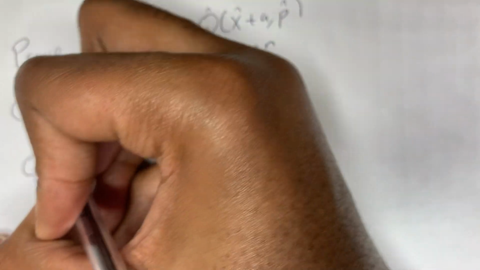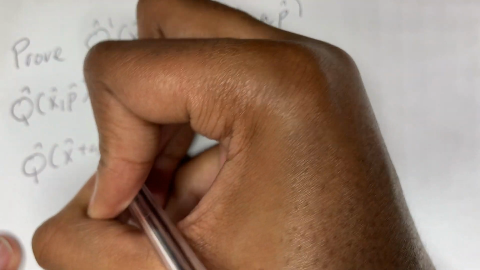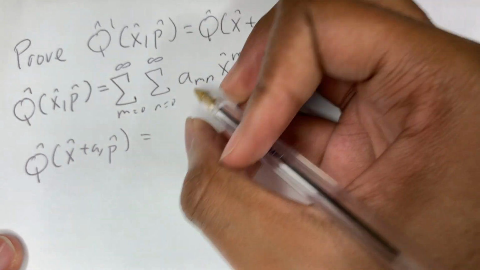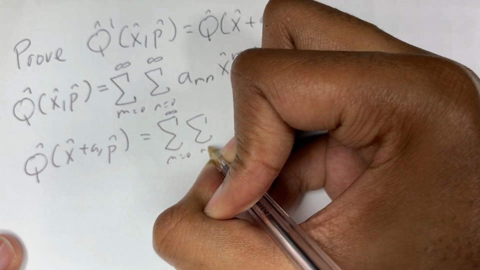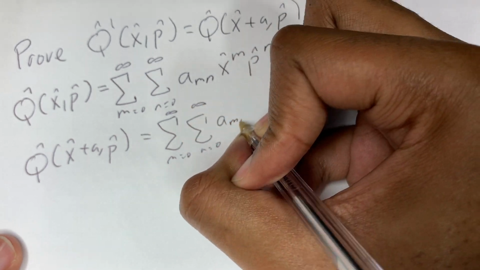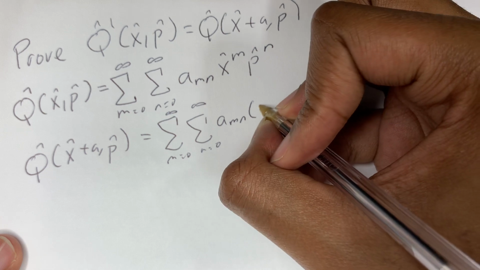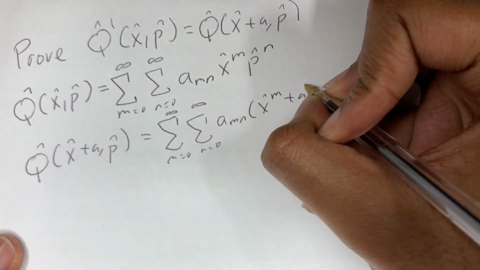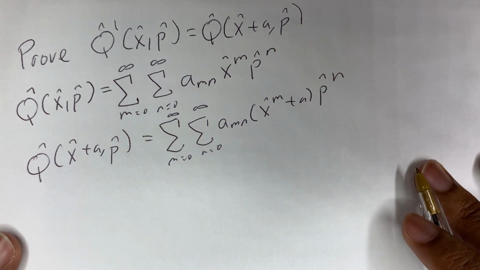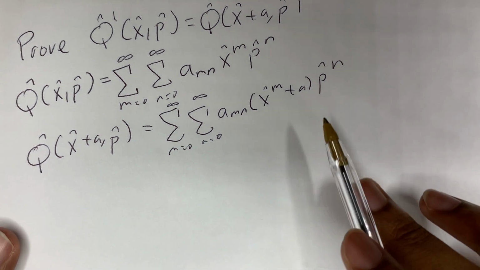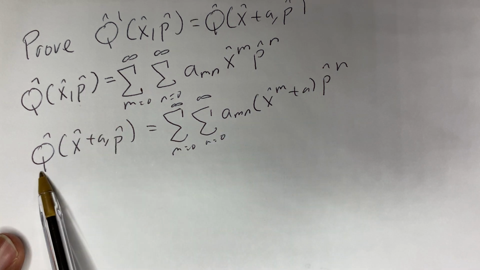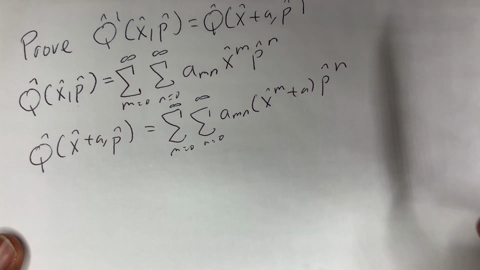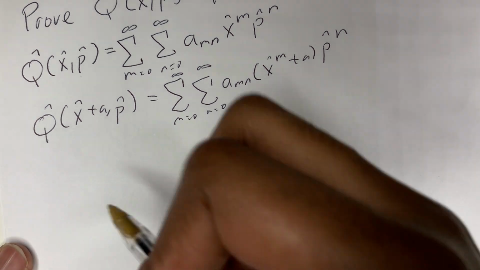Trivially, q hat of x hat plus a, p hat is just going to be the same series, m equals 0 to infinity, n equals 0 to infinity, a_mn, and then x hat plus a to the m, p hat to the n. So we have to prove that the translated version of this is just going to equal this expression over here. Okay? So let's start.